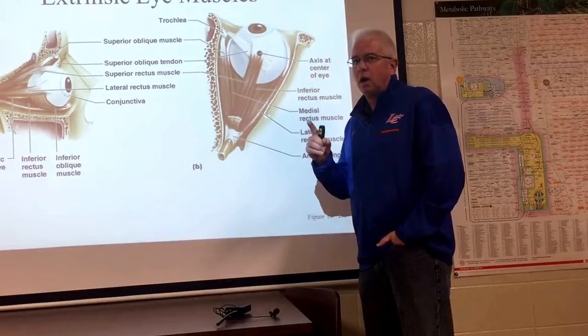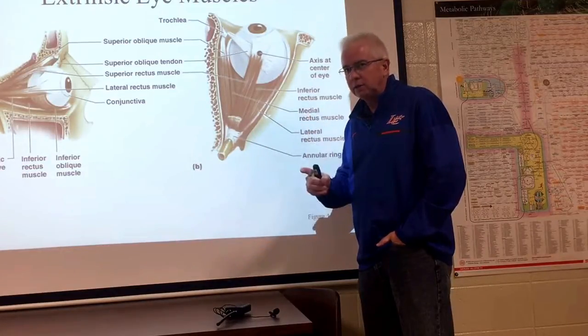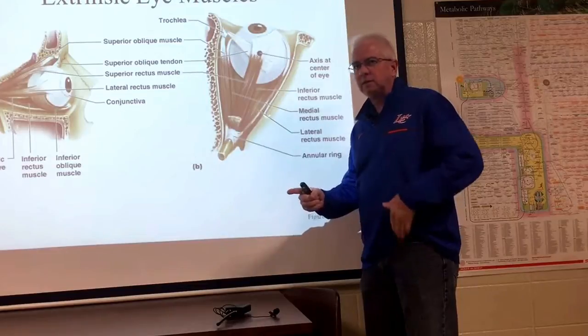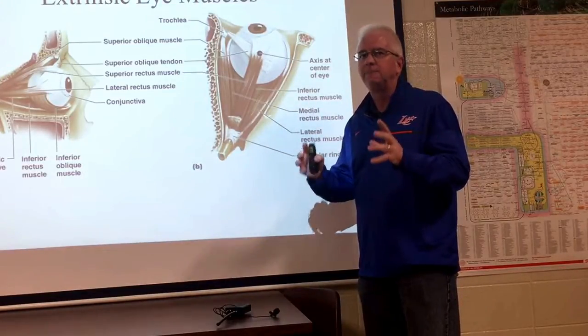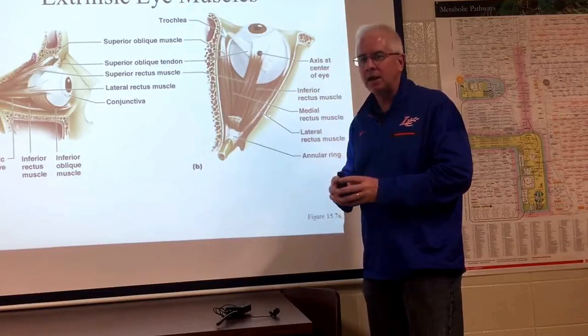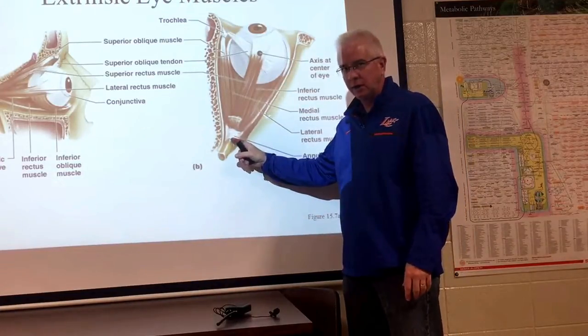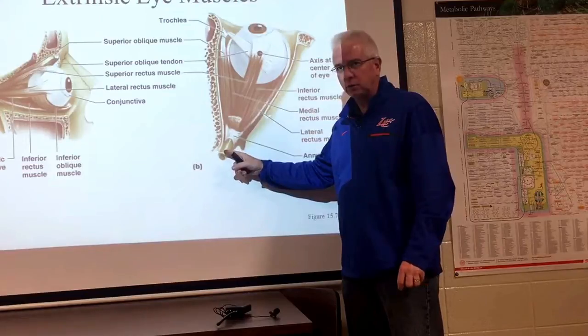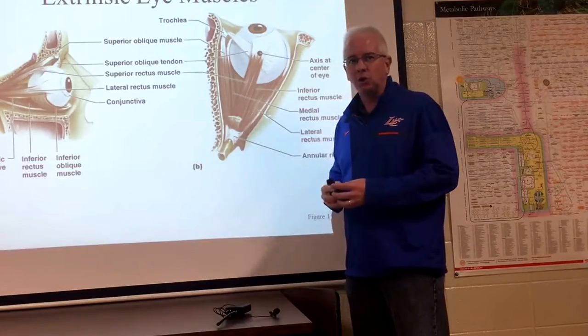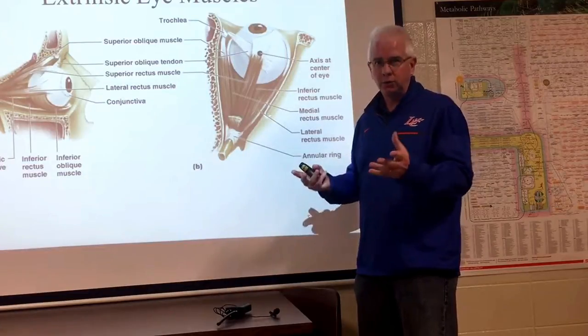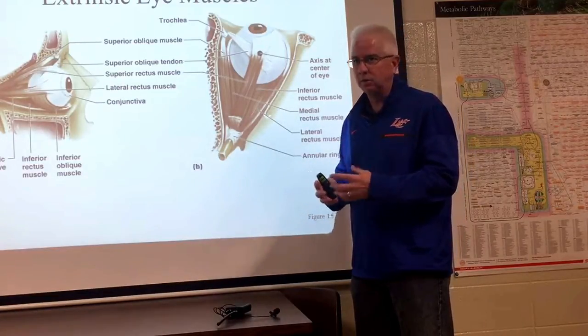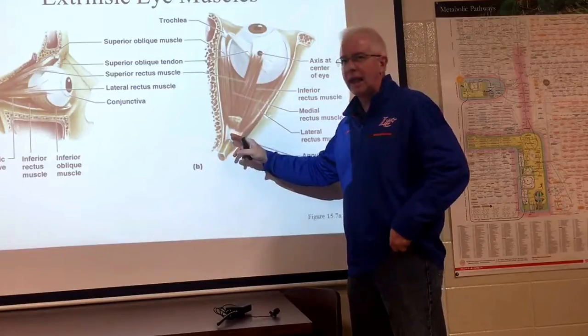So the superior rectus, the inferior rectus, the medial rectus, and the lateral rectus all fuse in the back of the eye in a ring through which the optic nerve also passes, called the annular ring. It has an eponym that I learned when I first learned it, but they don't use it anymore in the books. So we're just going to call it the annular ring here.